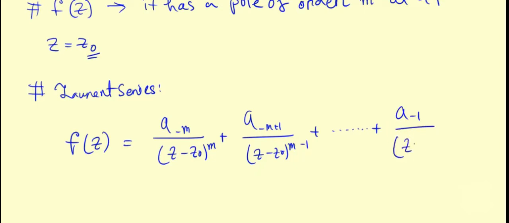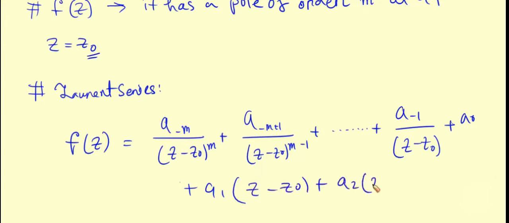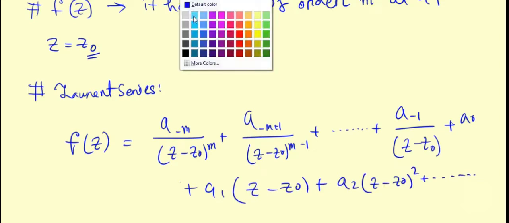And this a minus 1, this coefficient, is the residue, and this is the thing that we're interested in getting. We'll see how to extract that in a bit. After this residue part, this is just the analytical part, or the Taylor expansion part. So this is the Laurent expansion, or the Laurent series.